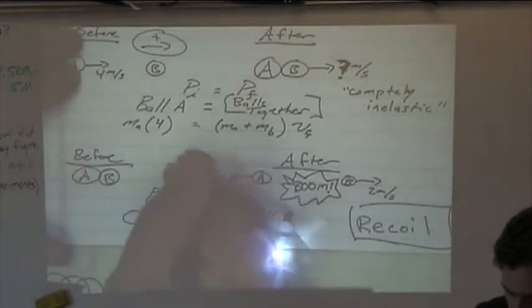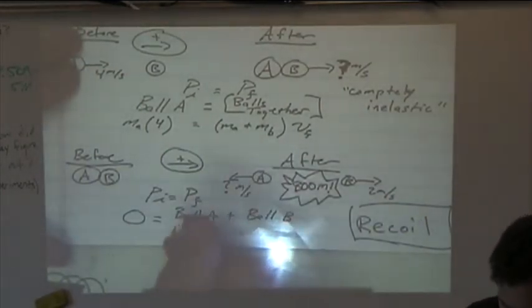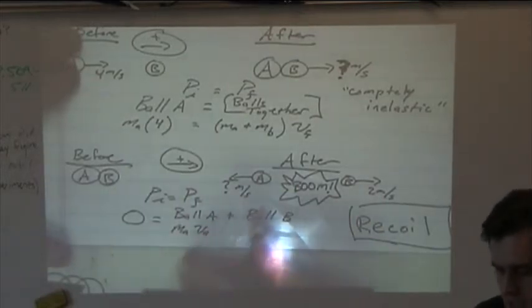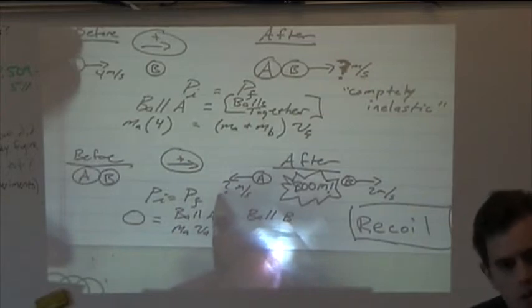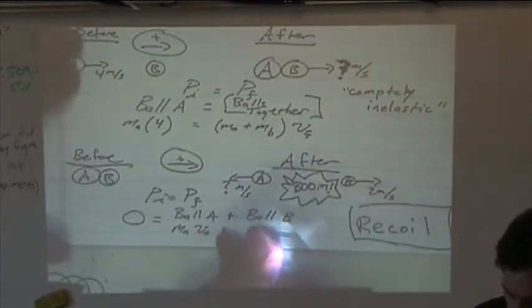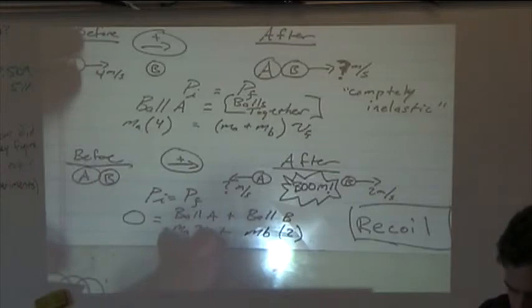If we stick with right being positive, we would say that MA times VA. Now since VA, the velocity of A, is unknown, we don't instantly stick in the negative sign. We'll put MB times a positive 2 here equals 0.